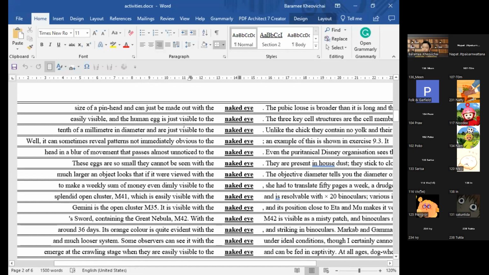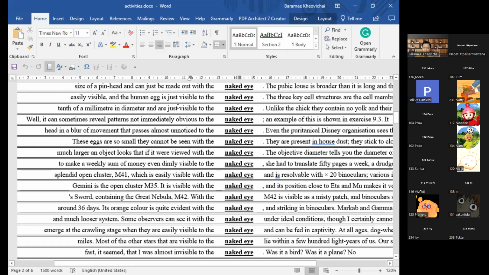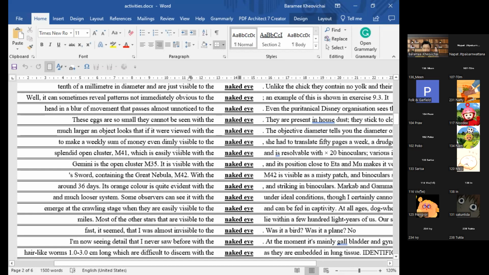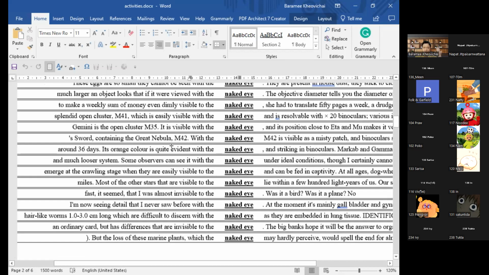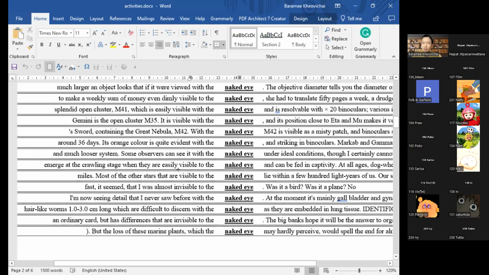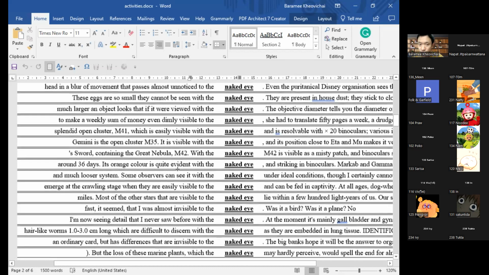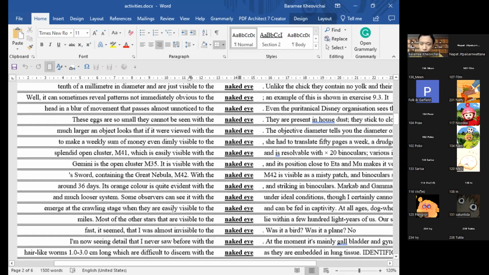This time you might need to look a little further from the word naked eye, maybe 3 to 5 words to the left of naked eye, and try to see what seem to be the meaning groups of these adjectives and verbs. What are they related to? Let me give you a few minutes to read this, and then we'll have a discussion about that.